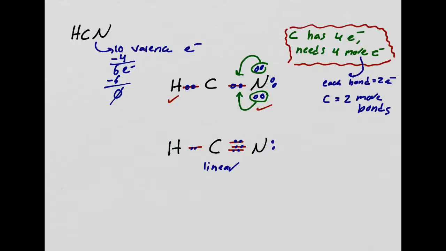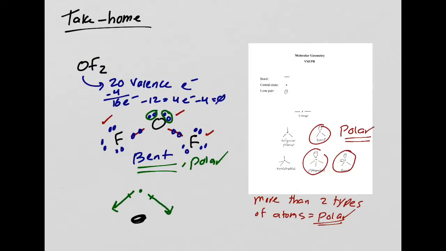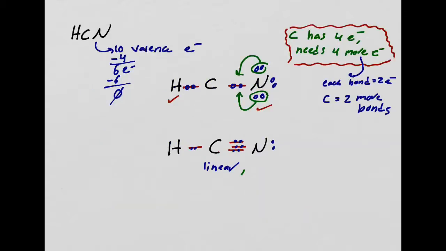Now, is it polar or non-polar? If you look at this, linear is a non-polar geometry. These ones are the polar geometries. But here's the thing. Every time you have more than 2 types of atoms, it's going to be polar no matter what, because 3 atoms cannot cancel each other out. Is that the case here? Yes. I have H, I have C, I have N. I have 3 types of atoms, so it doesn't matter what the geometry is.